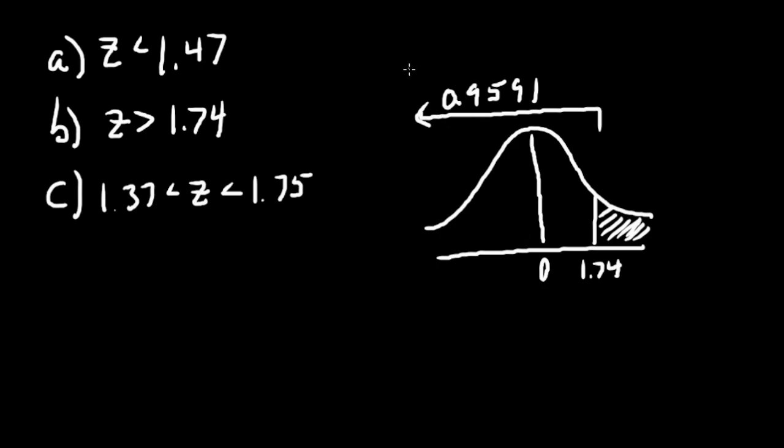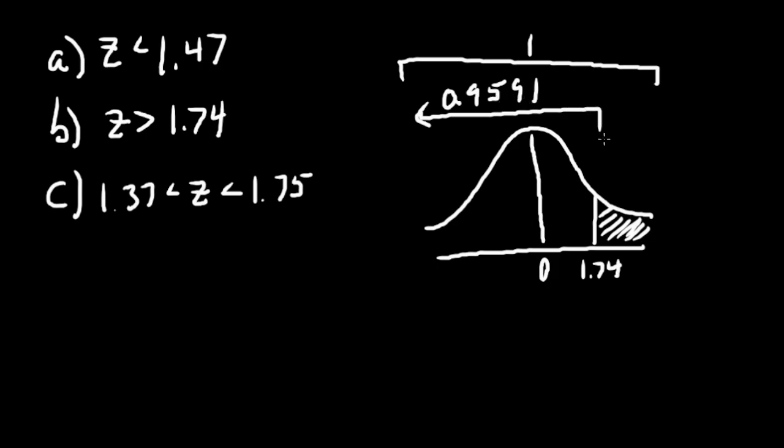So if you go from all the way over here to all the way over here, that area is a total of 1. Okay? So then if you know from this point to the left is 0.9591, then we can calculate this part as being 1 minus that.